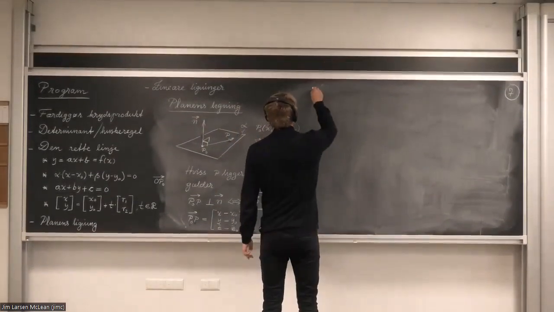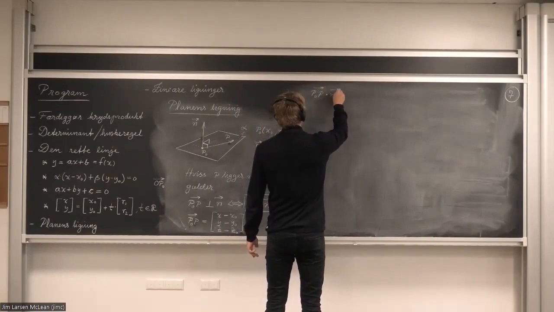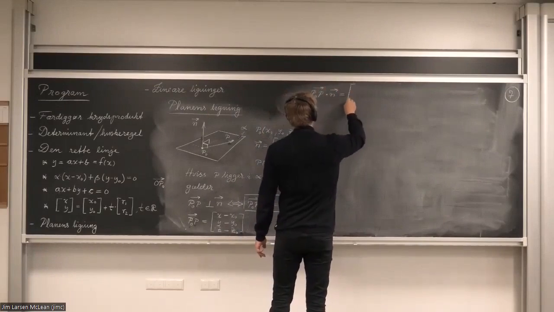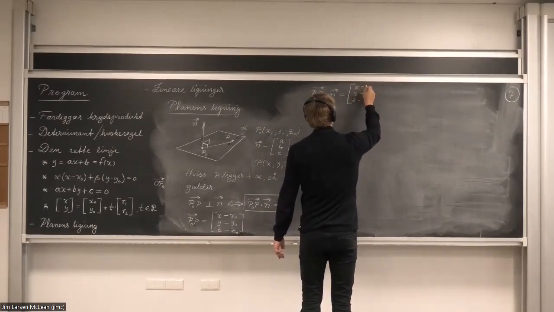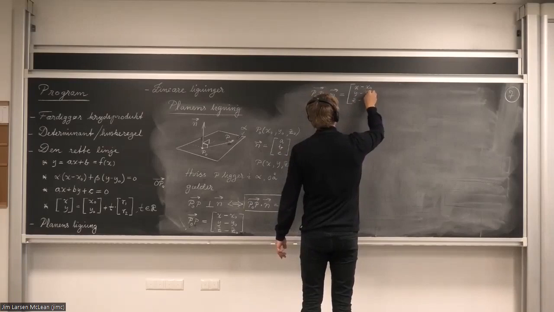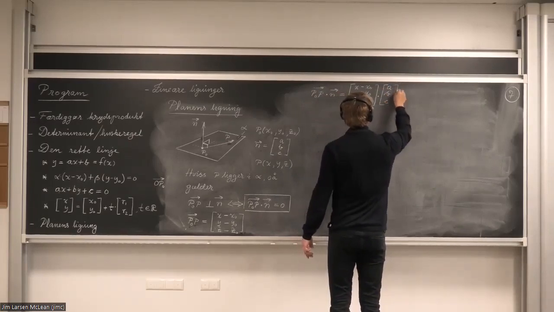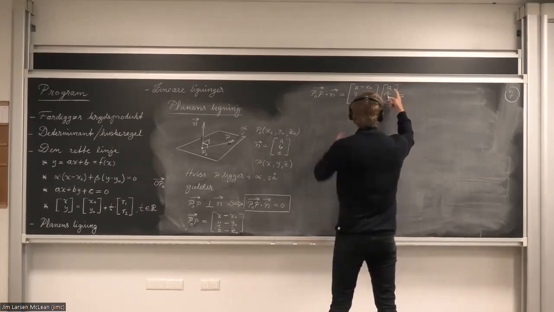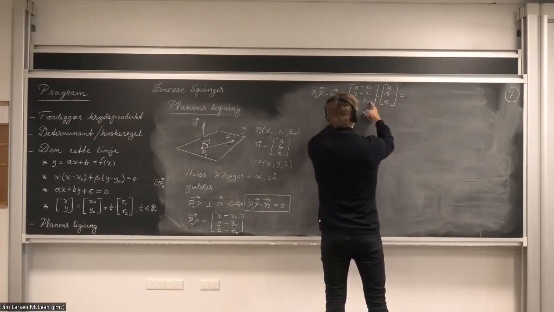What does it give? The P0P vector dotted with the normal vector will give this vector x minus x0, y minus y0, z minus z0, multiplied by this vector A, B, C. And it will then give first coordinate times first coordinate plus second coordinate times second coordinate plus third coordinate times third coordinate.